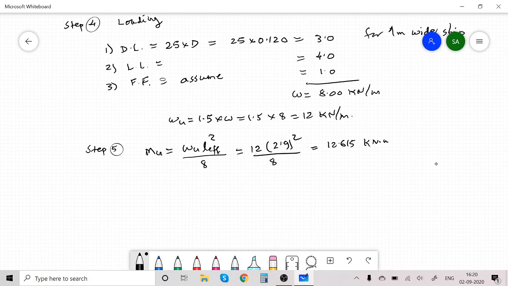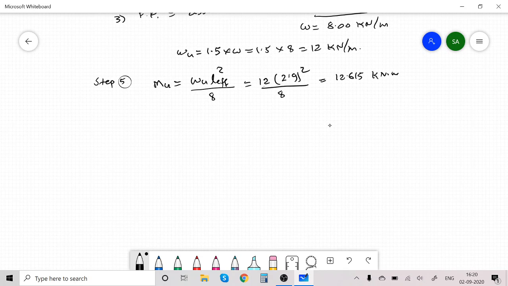Moment is in kilonewton meter. Now, in the next step, that is in step number 6, equate this Mu to Mu max.